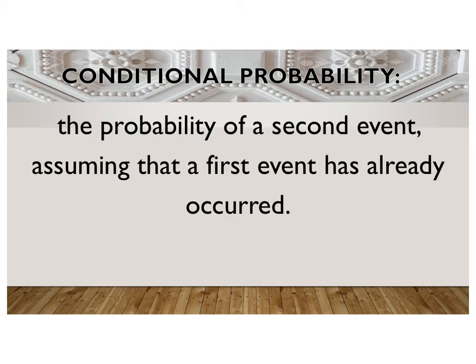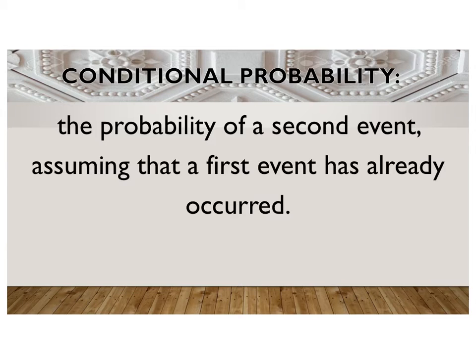Conditional probability is the probability of a dependent event, because the probability of the dependent event, the second event, is based on the probability of the first one happening.